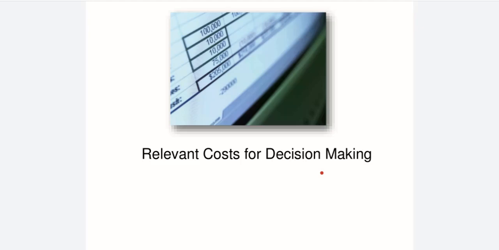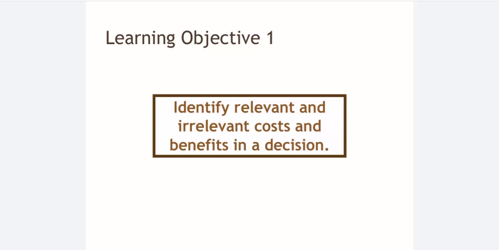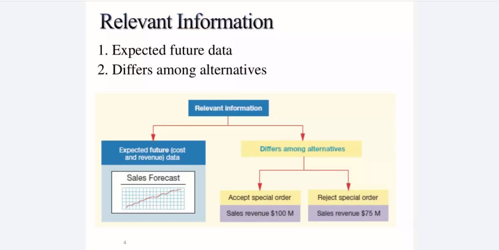Okay, so relevant cost for decision making. What are the relevant costs? Yes, relevant cost must have two important characteristics. Relevant cost والrelevant information in general لازم يبقى فيها صفتين مهمة. It's about the future, يعني it will happen in the future.